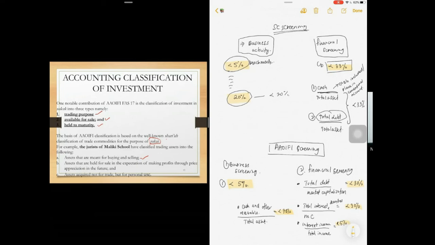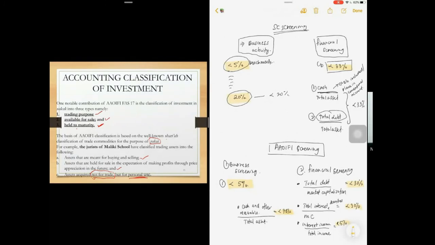Okay. Maksudnya kalau available for sale, kita akan dapat return ataupun kita akan dapat duit cash from the sales of the asset lah. But kalau dia held for maturity, dia hanya acquired the asset but not for trade and it is for personal use.